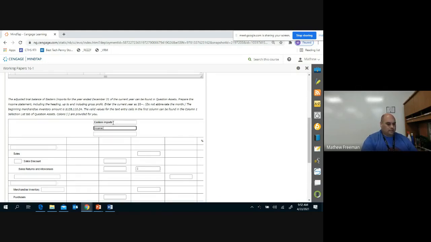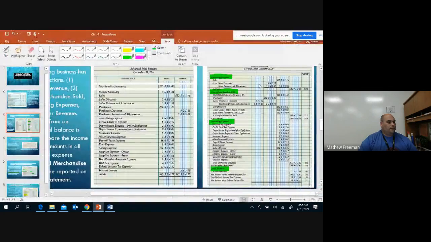Income statement. That's spelled correctly. For year ended.